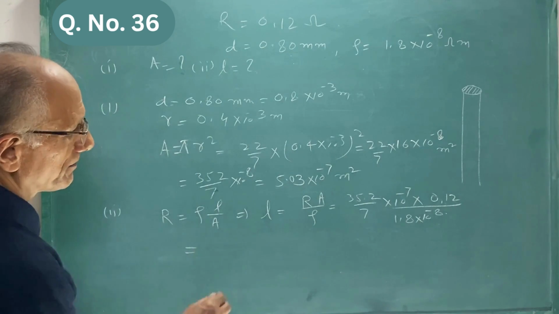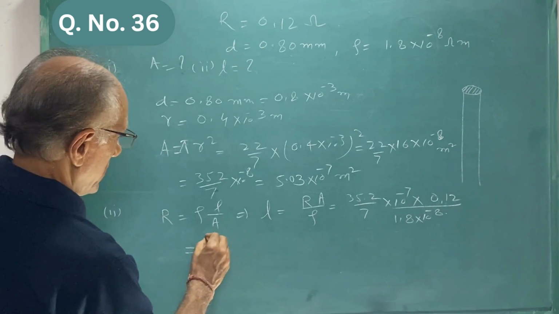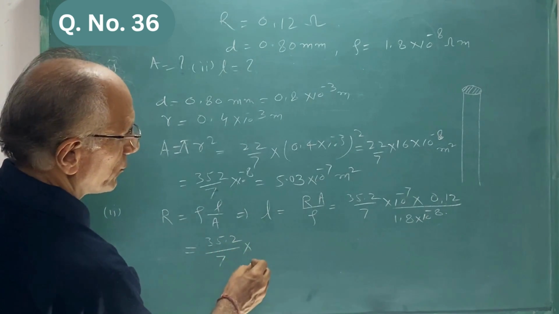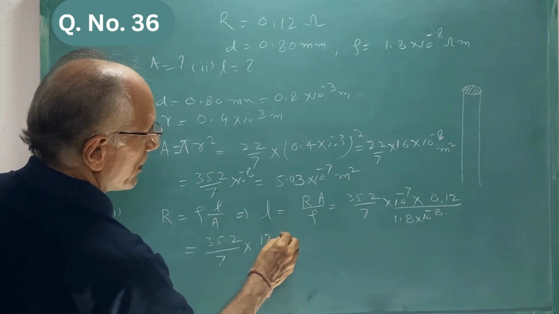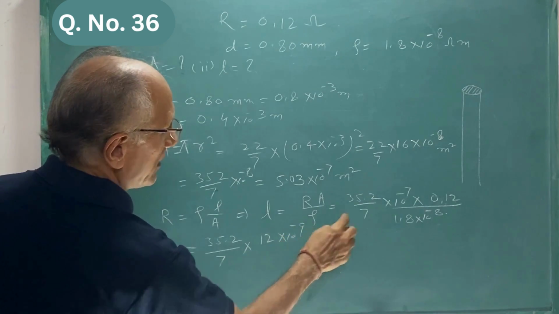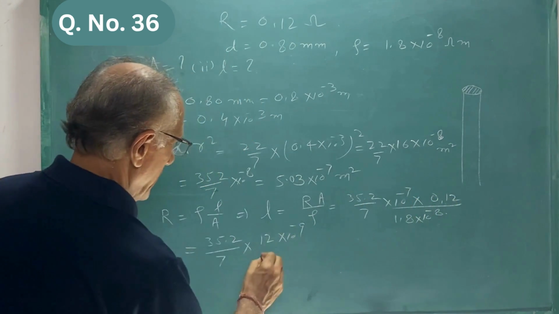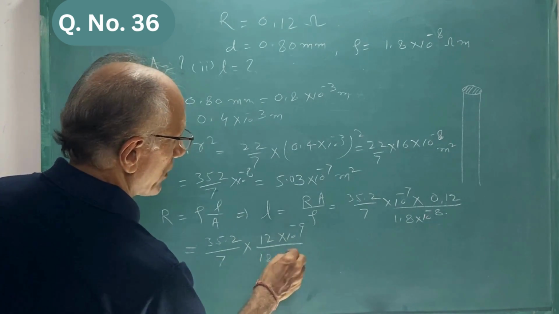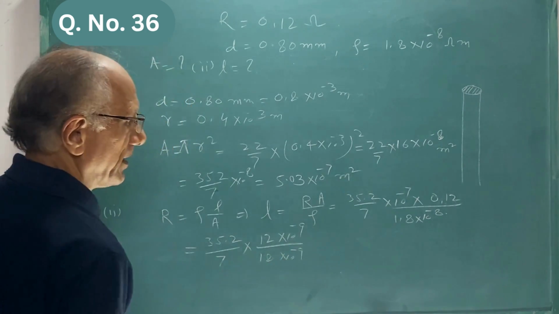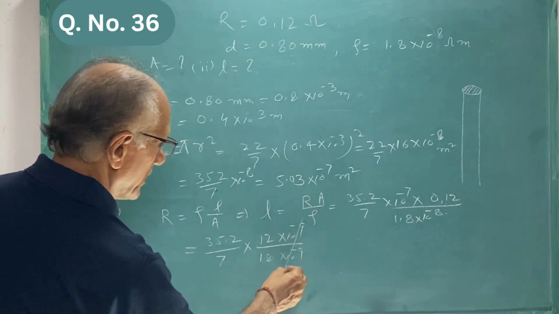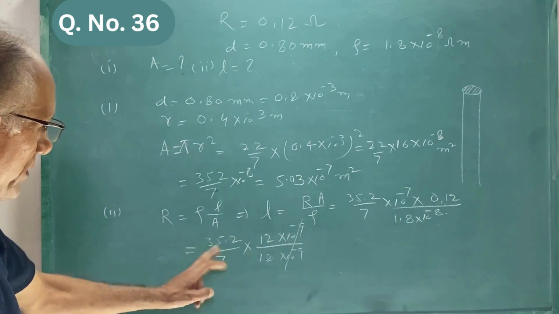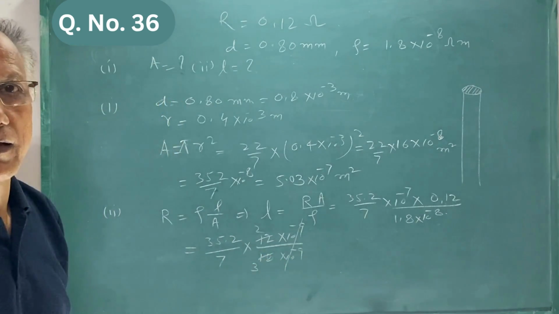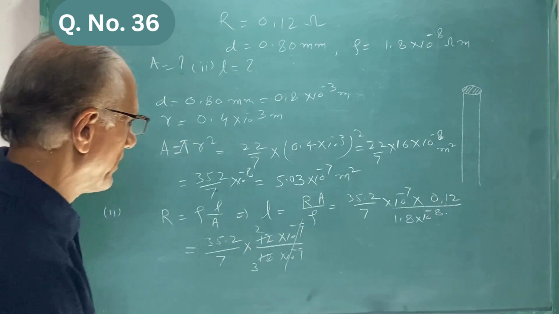So here we'll get 35.2 upon 7 into 12 into 10 to the power minus 9, divided by 18 into 10 to the power minus 9. So this will get cancelled. Now here 6 2s are 12 and 6 3s are 18.